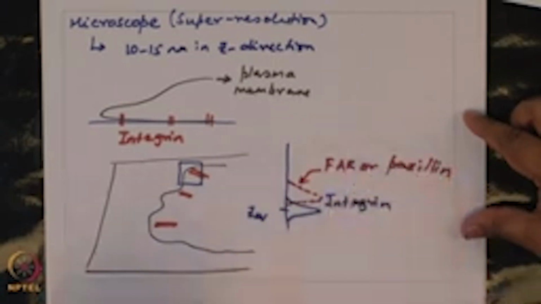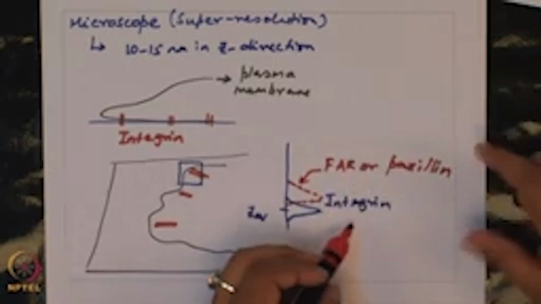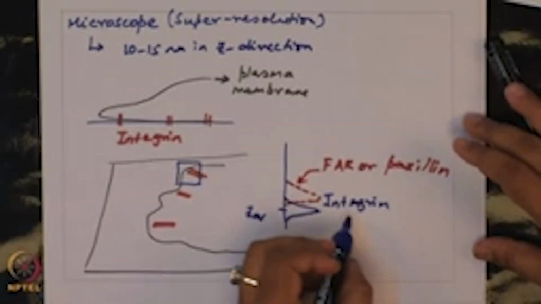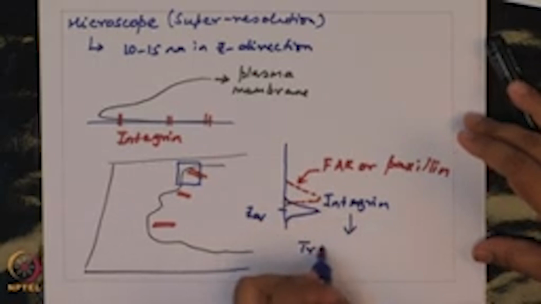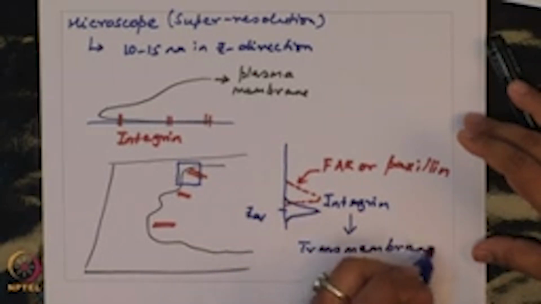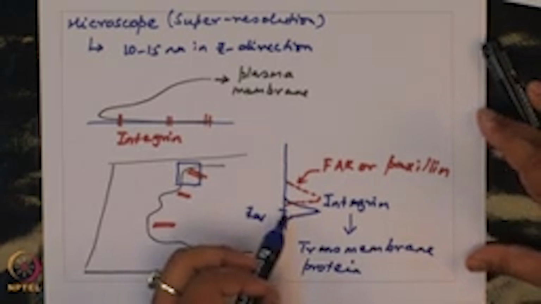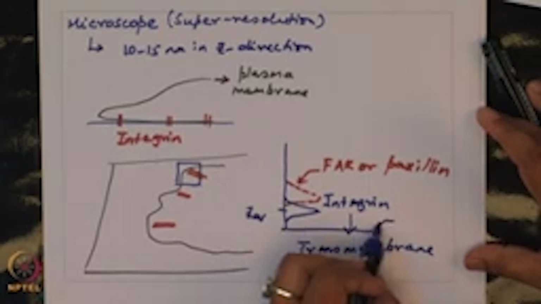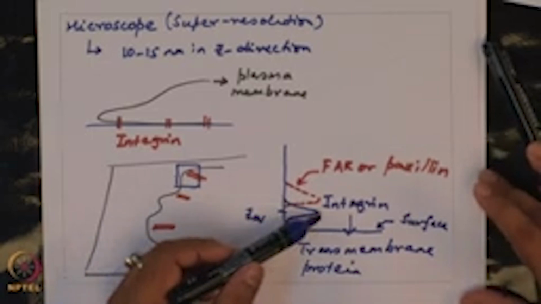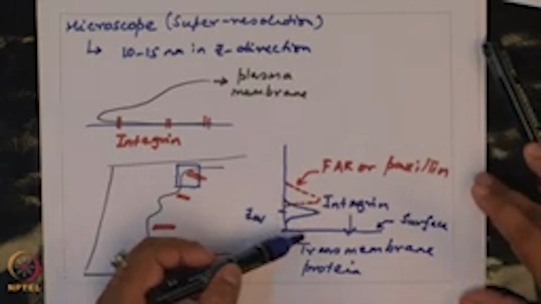Why is this expected? For the simple reason that integrin is a transmembrane protein from the surface. Let us say this is my surface. Of all the focal adhesion proteins, integrin should be the closest to the surface.